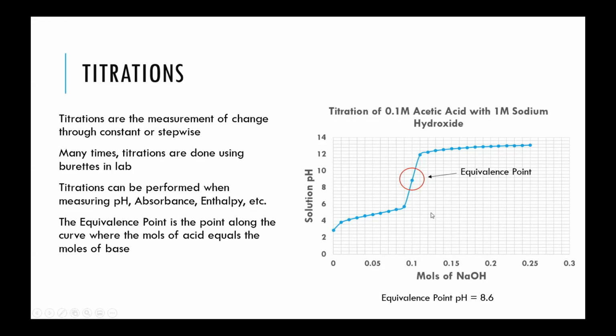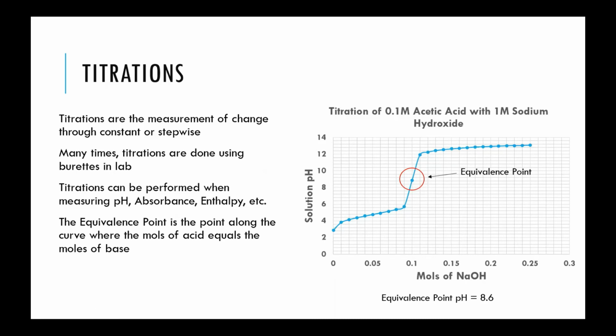And the specific point on this titration curve is the very center of this jump, or the inflection point, where the rate of change or the derivative of this changes directions. And this is what's termed as the equivalence point.